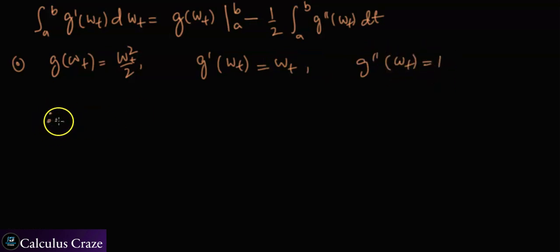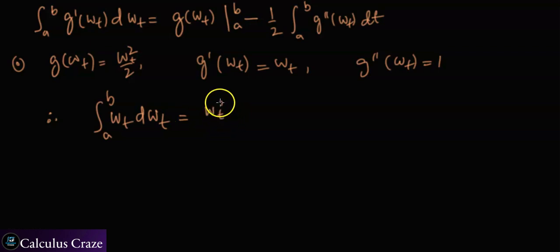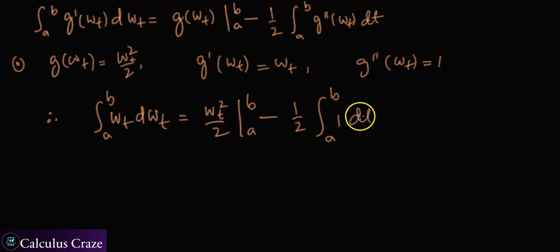In this way we can write, from a to b, the integral of the first derivative, which is w sub t dw sub t, equal to g of w sub t, which is w sub t square by 2, with limits from a to b, minus 1/2 times the integral from a to b of 1 dt.